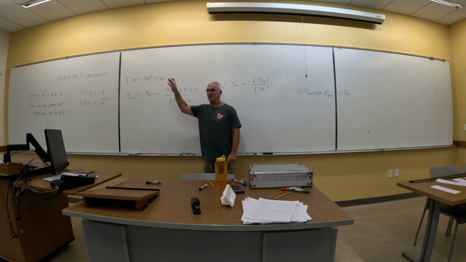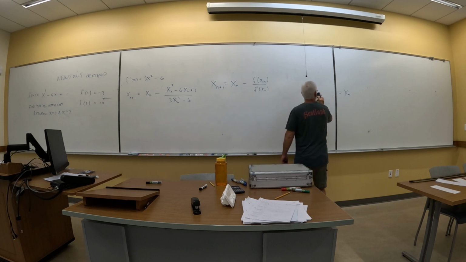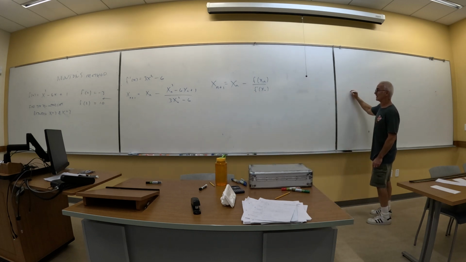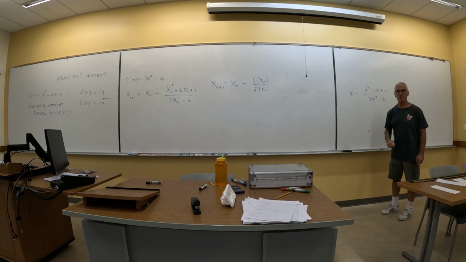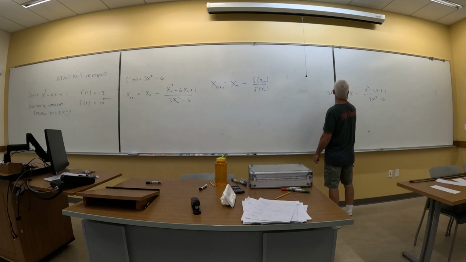I have to use sets of parentheses because of all the things going on. What if I put that over one common denominator? Let me do that off to the side. I'll just write x minus x cubed minus 6x plus 1 over 3x squared minus 6. How do I do one common denominator? Multiply upstairs by the same denominator. Would that work if I do that?